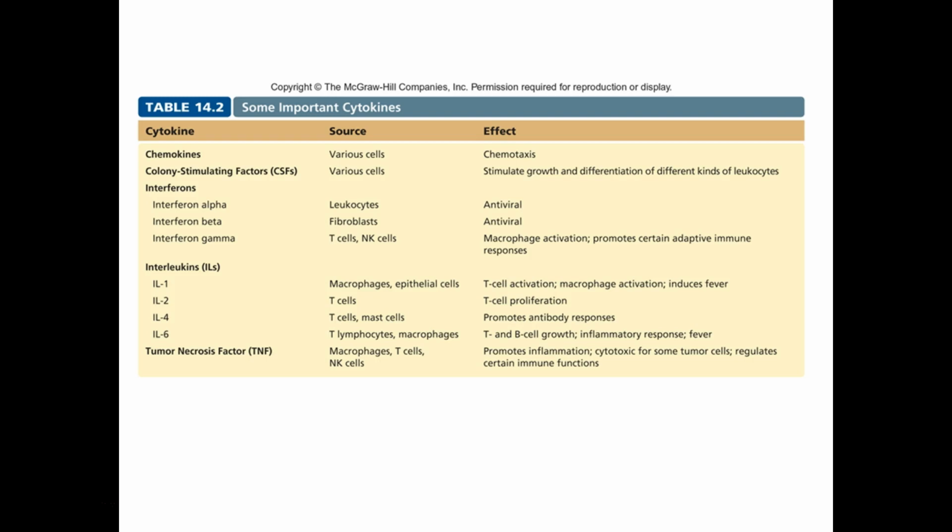Their body's last-ditch effort is to say, oh damn, I'm just going to make as many of these as I can and hope the person survives. The tumor necrosis factor causes internal bleeding, and thus the bleeding from the orifices. So it's not just a virus killing them, it's your own body killing themselves because of how powerful these chemicals are.